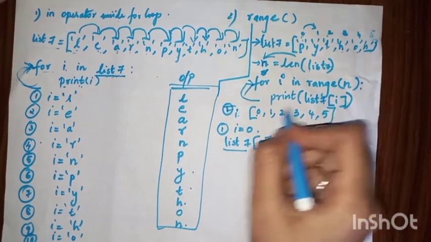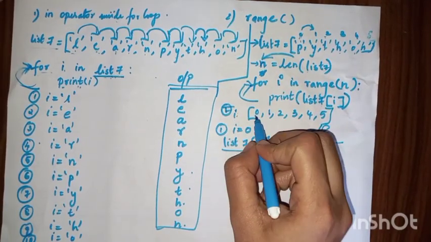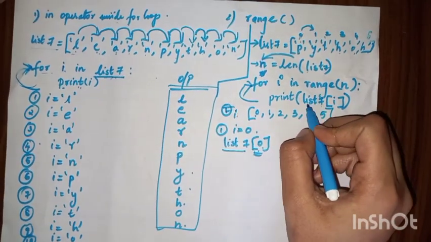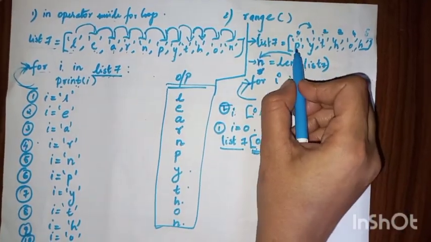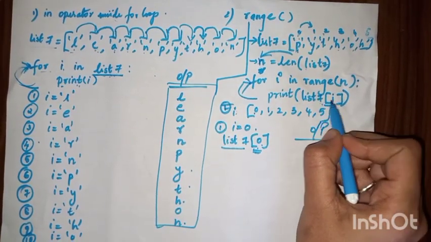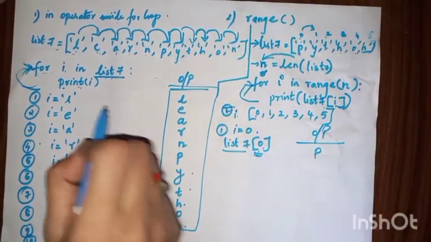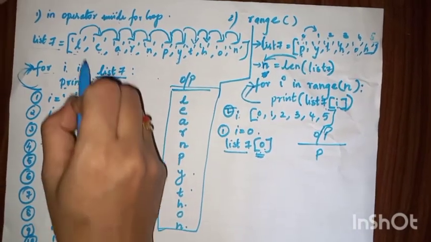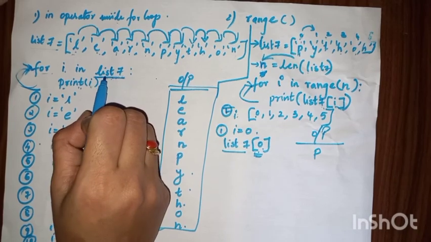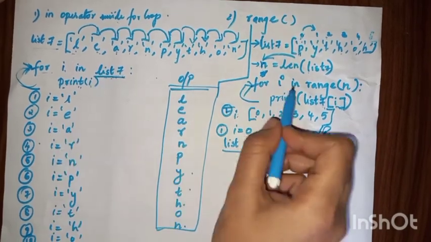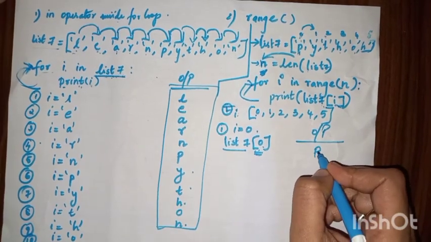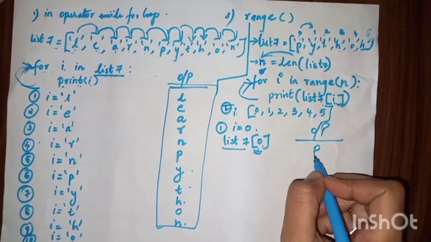Since it is a range function, the value of i will be the index value 0, 1, 2, 3, 4. So, we are printing the element based on the index: list name, then in square brackets the index. Here we are directly printing the value because instead of the range function we are using a sequence. That is the difference between these two. Now we are printing the first element P.